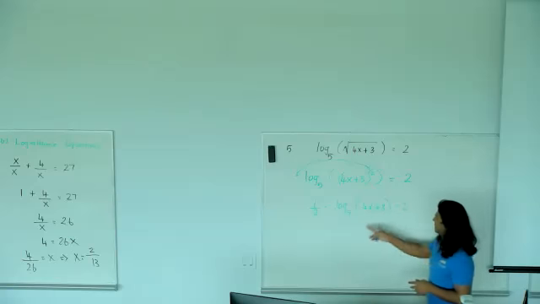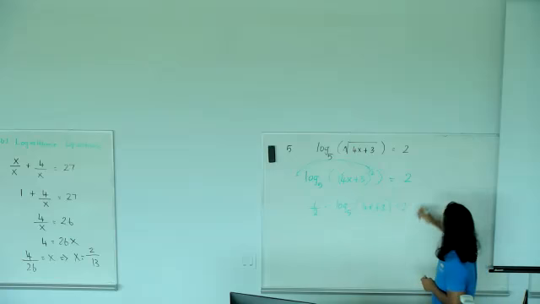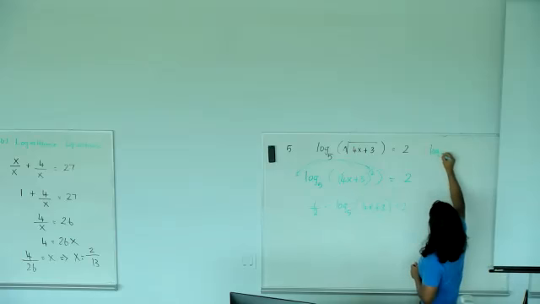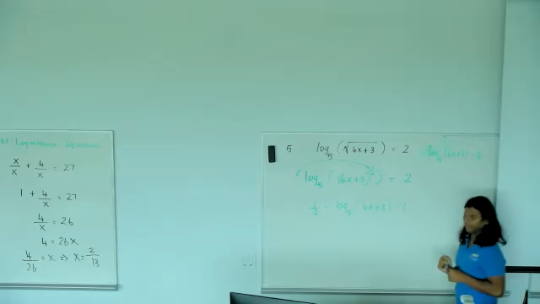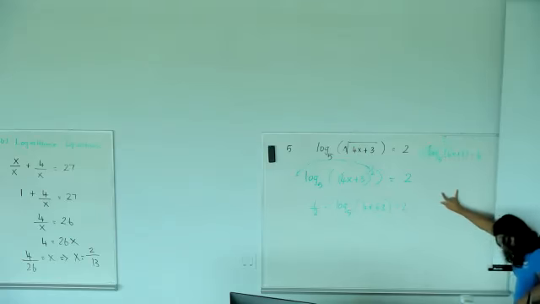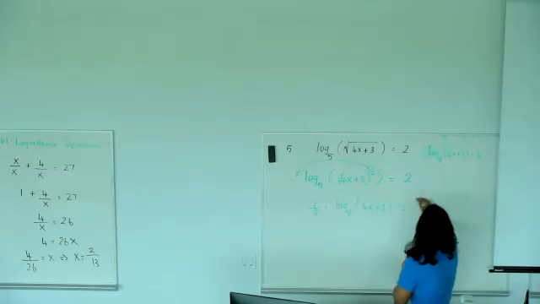How do we eliminate that? 2 in the denominator, multiply by 2 on both sides. Log base 5 of 4x plus 3 equals 2 times 2, which is 4.